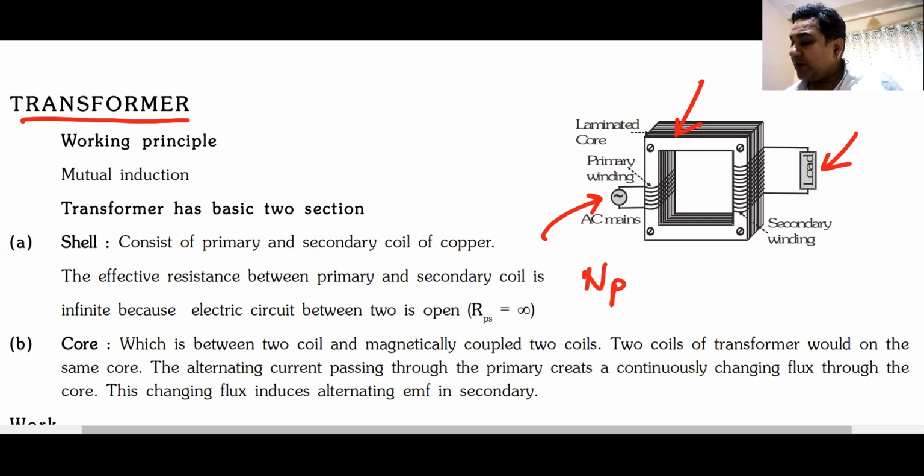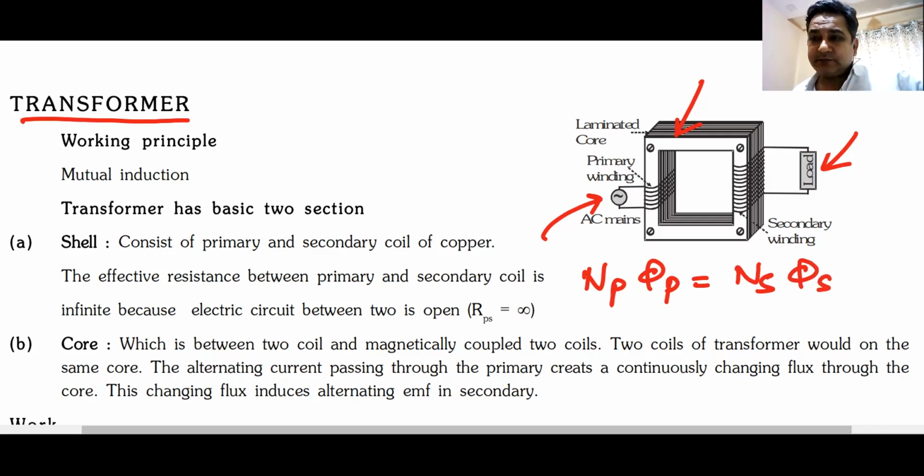Np into phi P will be equal to Ns into phi S. Do you remember this? Total flux will remain the same. Yes or no? Yes.